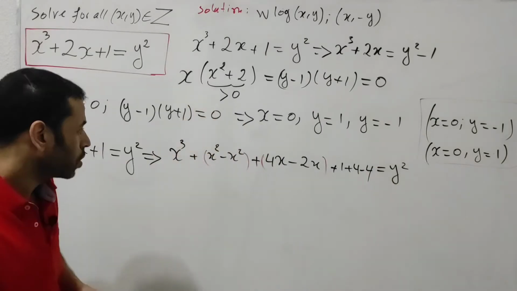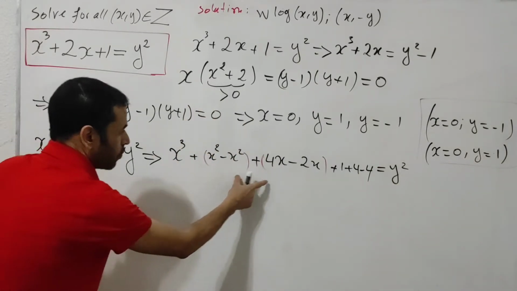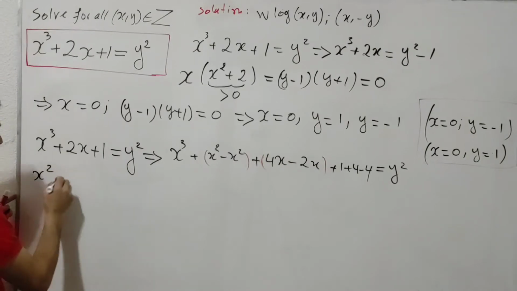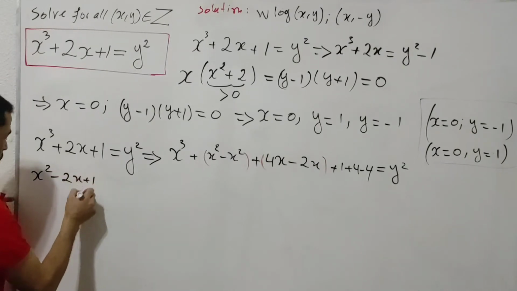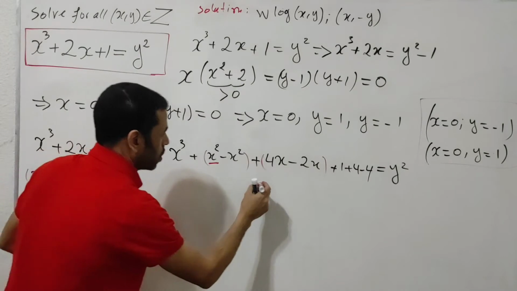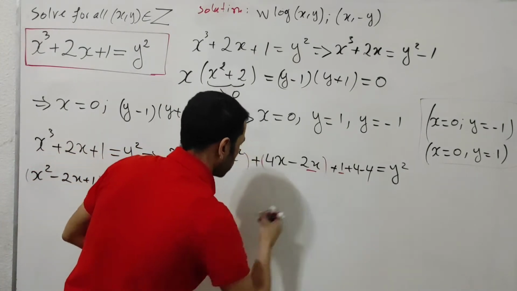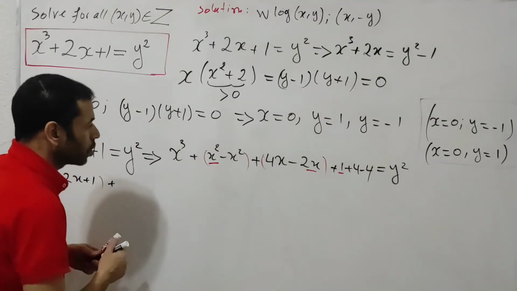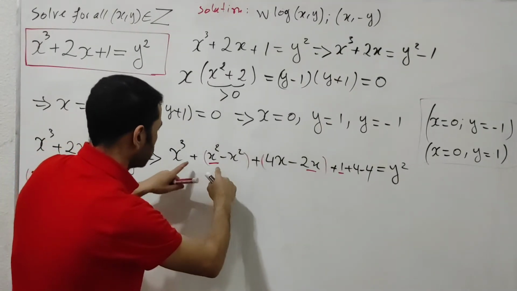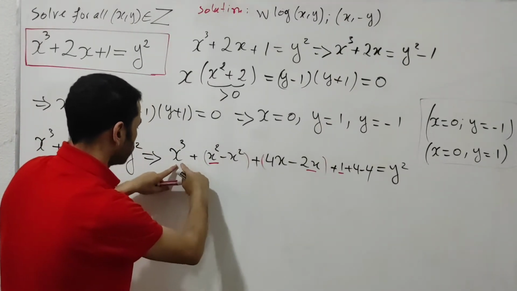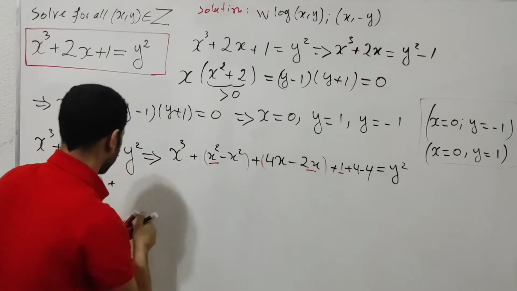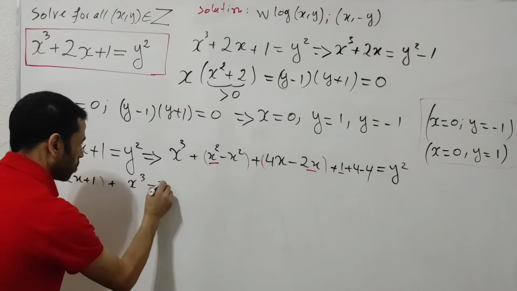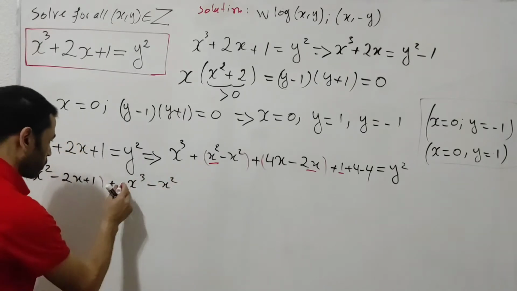So I'm going to put everything separately. I will have x squared minus 2x plus 1. This is the first one. Then I'm going to put this x cubed with this minus x squared. I will have x cubed minus x squared.